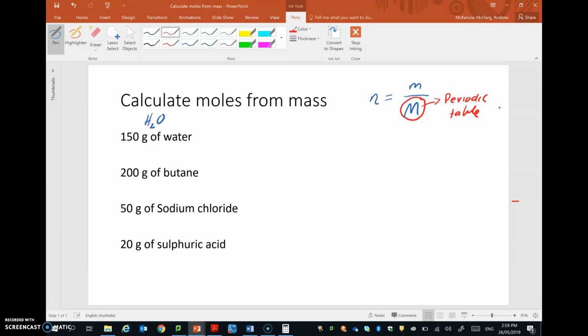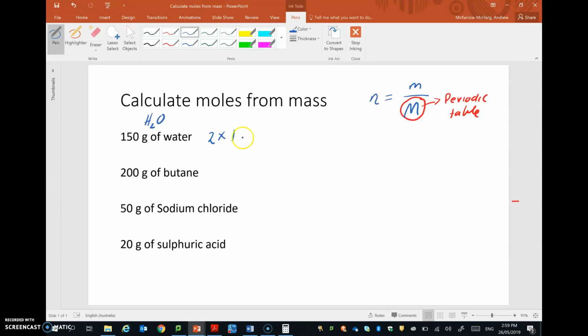So in the case of water, H2O, you can see that we have 2 hydrogens, and the relative atomic mass of each hydrogen is 1. I know the periodic table says 1.01 or 1.008, but for the purposes of these types of questions, we can just round to the nearest whole number for something that's so close to 1.